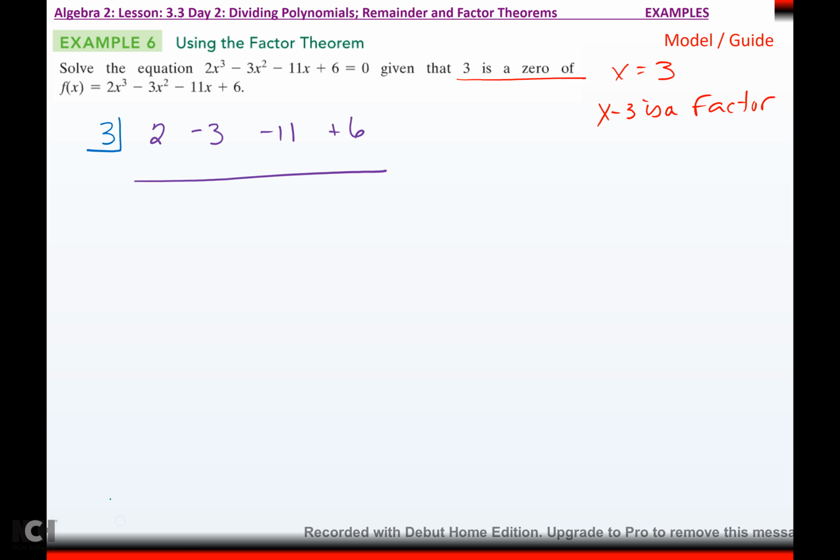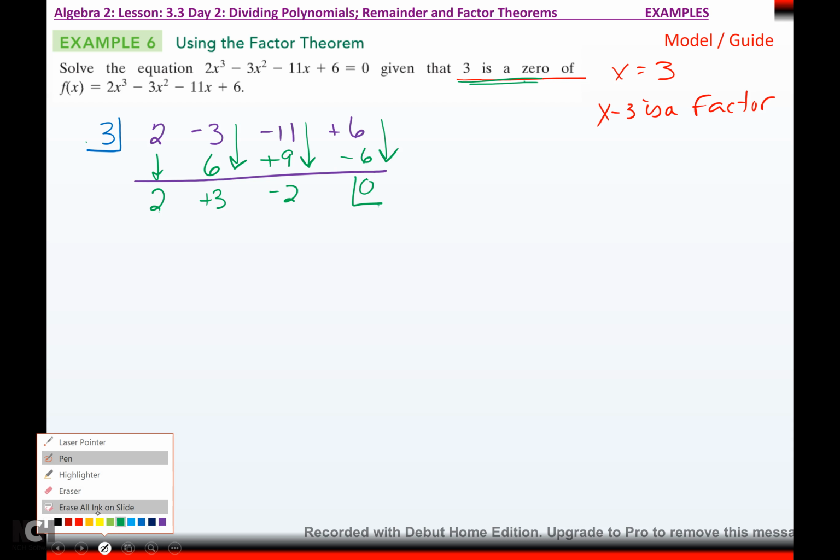The 2 comes out, multiplies by 3, brings back 6, negative 3 eats positive 6, comes out positive 3, times 3 is positive 9, negative 11 eats positive 9, comes out negative 2, times positive 3 is negative 6, positive 6 eats negative 6, comes out remainder 0. Which it has to, or they're lying to me and 3 is not a 0. The only way something's a 0 is if you divide by it and don't get a remainder.